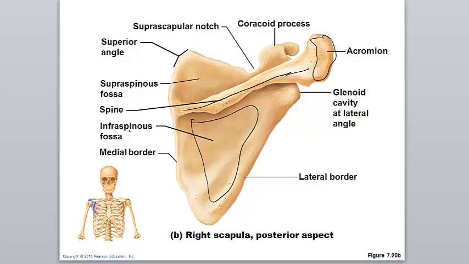You have your infraspinous fossa and your supraspinous fossa over here. That's basically what you see posteriorly, the spine and two fossae above and below, supraspinous, infraspinous, and the acromion, much clearer as it proceeds. A little bit of the glenoid cavity is also viewed. So that basically is your scapula.